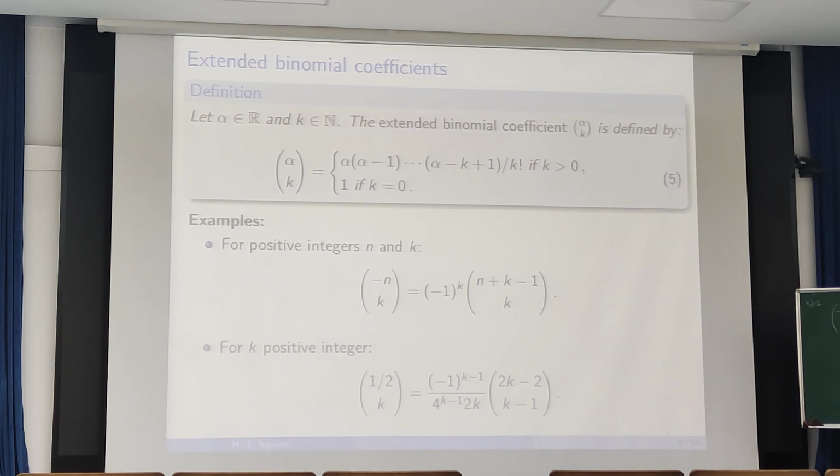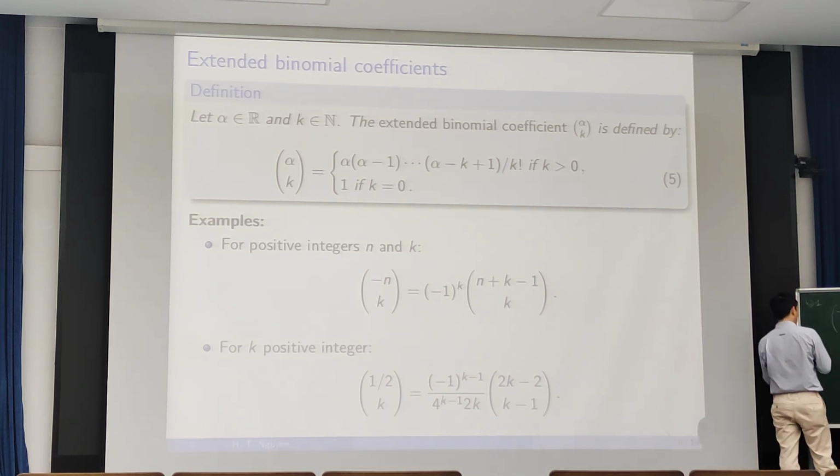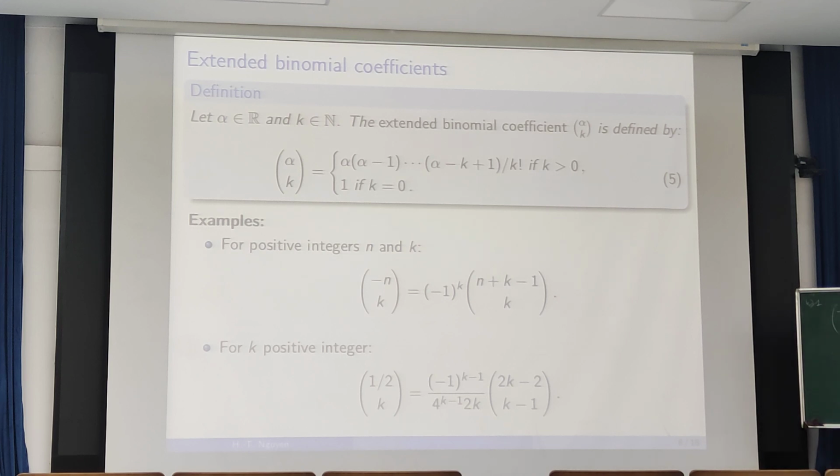So there will be two or three additional steps, but the principle is the same. You replace alpha with 1/2 in this formula, and instead of this nice product of consecutive integers, you will have some product of consecutive odd integers.